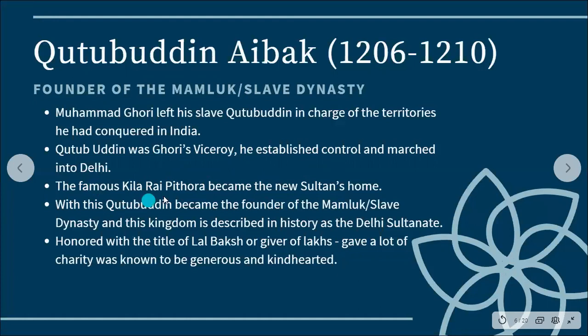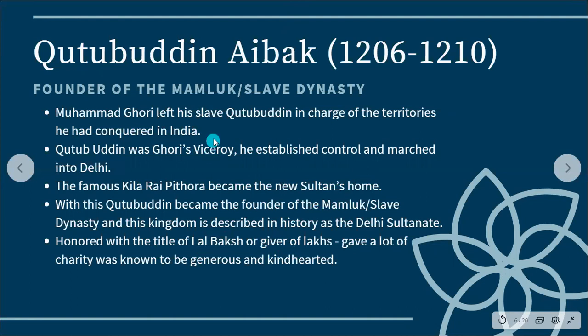And the famous Qila Rai Pithora became the Sultan's home. Okay. With this, he founded the Mamluk or the Slave dynasty, right? And this kingdom is particularly described as the Delhi Sultanate, right? The beginning of the Delhi Sultanate.